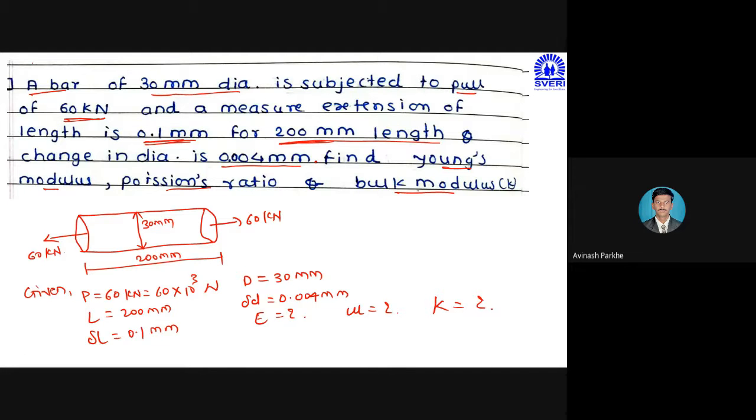Due to the 60 kilonewton external force, 0.1 mm of deformation is taking place. So we have the deformation formula: delta L is equal to PL upon AE.